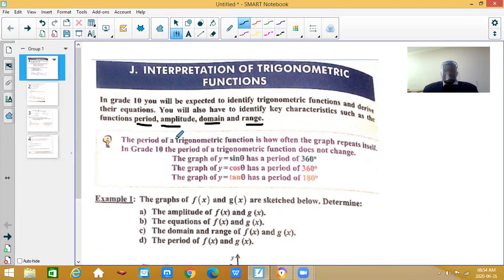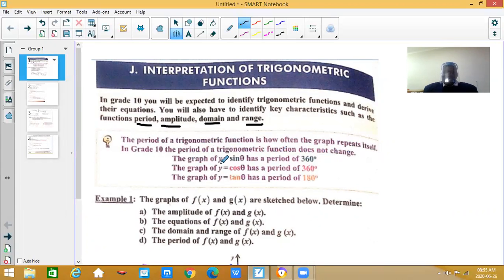The period of a trigonometric function is how often the graph repeats itself. So at this stage, in grade 10, the trigonometric function does not change.